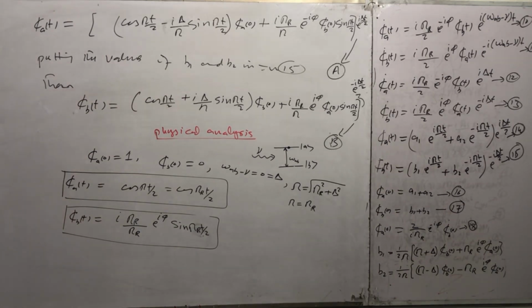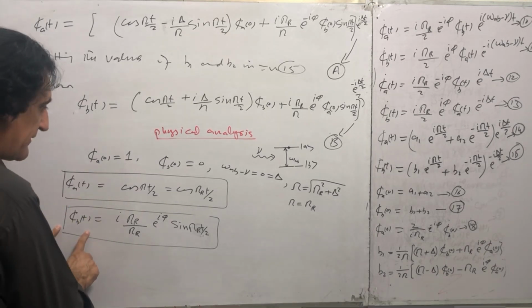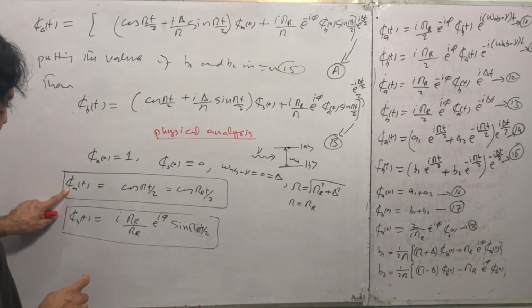Now the probability. What will be the probability? The probability of this and the probability of this. How can we take the probability?